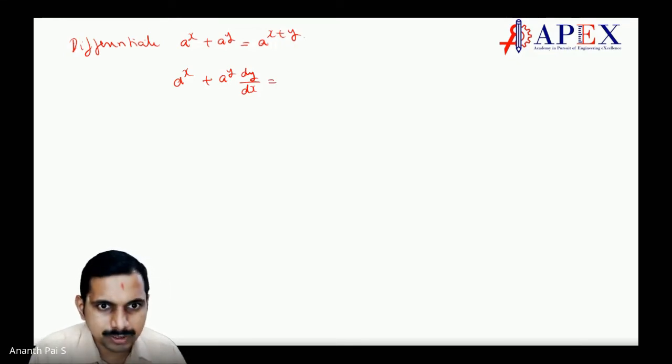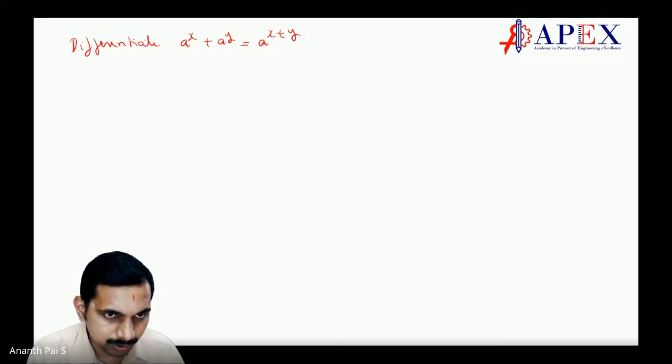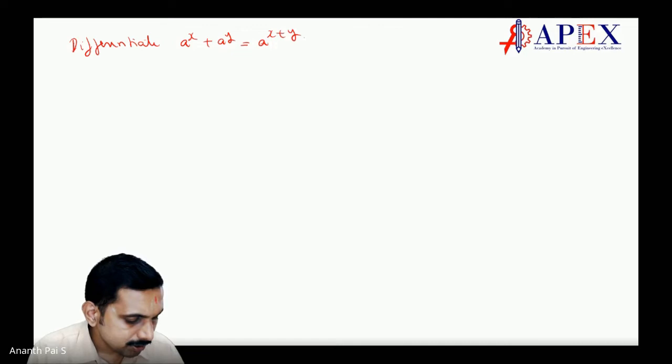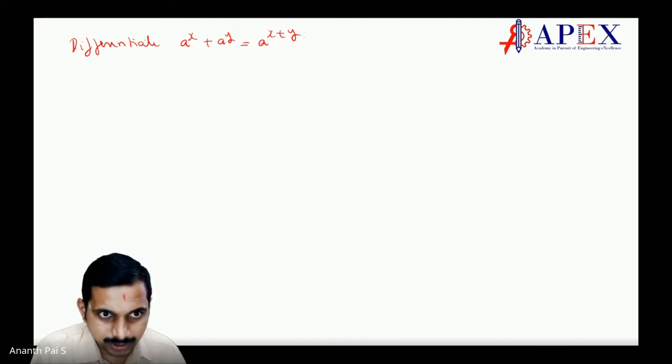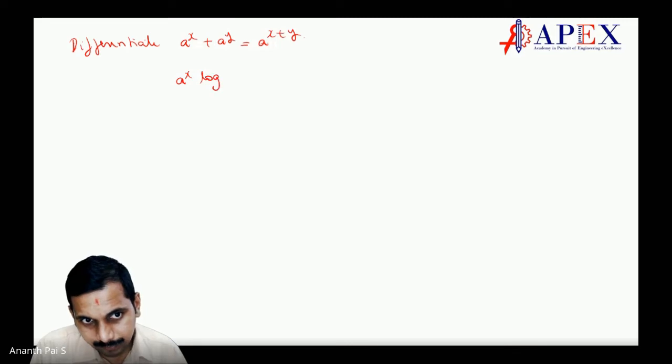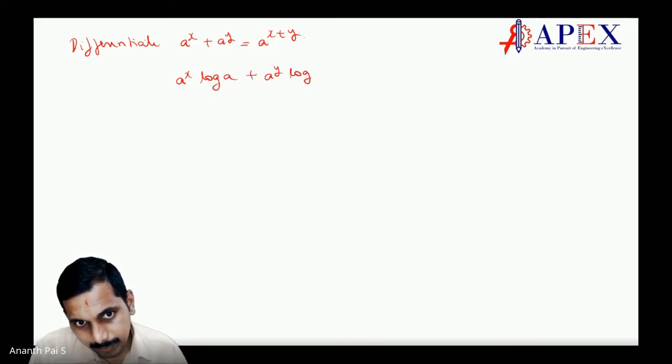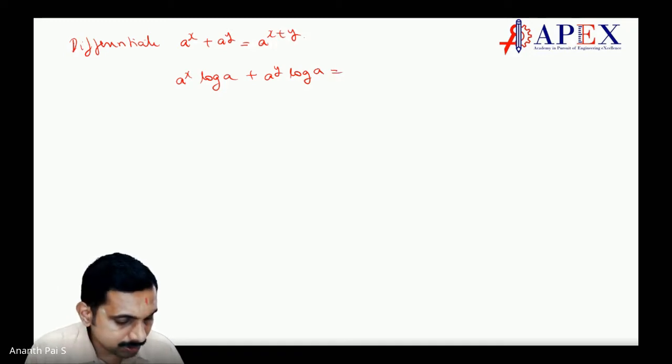How will you solve this? Can you do it like this? Sir, log. Log, is it not? Because a power x is log of x, right? So when you differentiate this, you get a power x log a, correct? Plus a power y log a is equal to, what do you get?